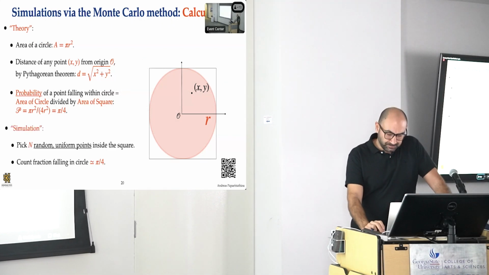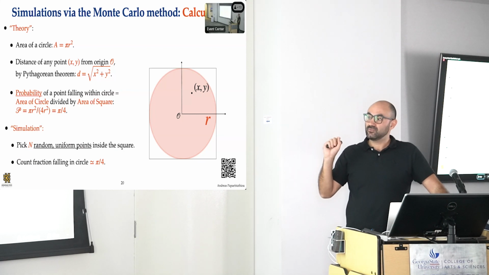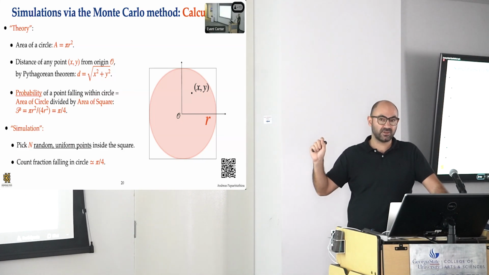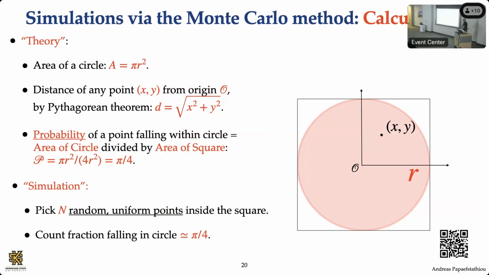Then our simulation is to pick random points uniformly inside the square and count the fraction falling inside the circle. You pick a certain number of points, n, and I'm going to show you how that looks. We claim that this probability is pi over 4.